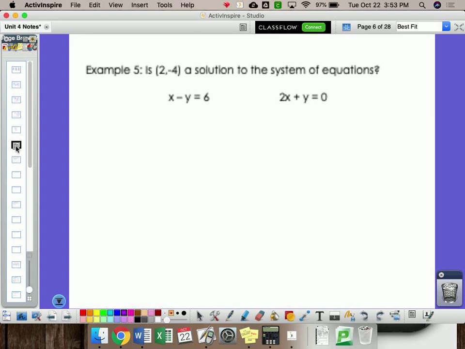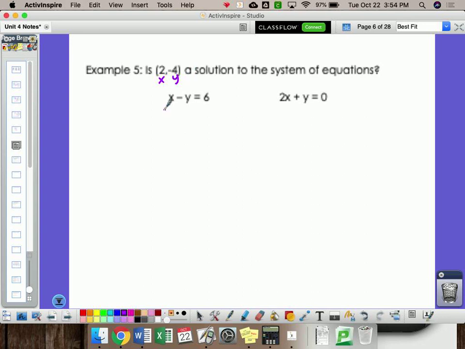In example 5, is 2, negative 4 a solution to the system of equations? So they gave me the answer. I have to go back and check that these x's and y's work for both equations. So the 2 was our x, and the negative 4 was our y. So I'm going to plug that ordered pair into both equations, in for x and y.